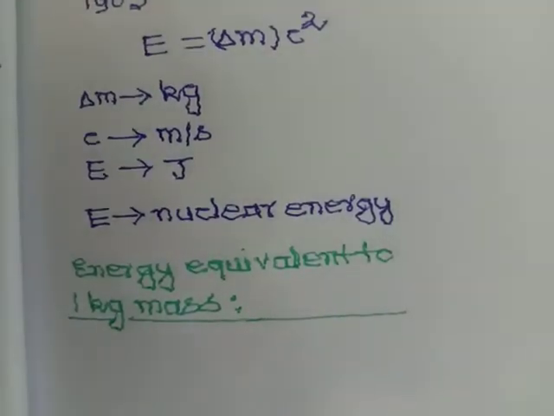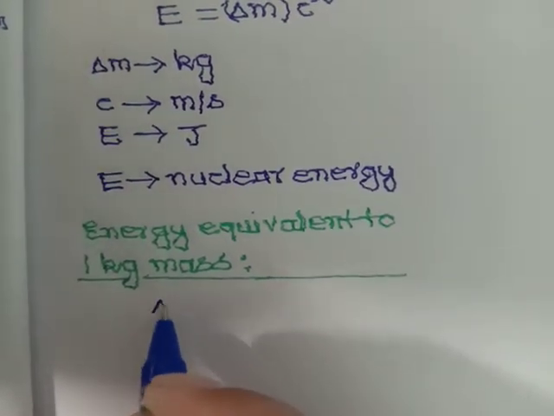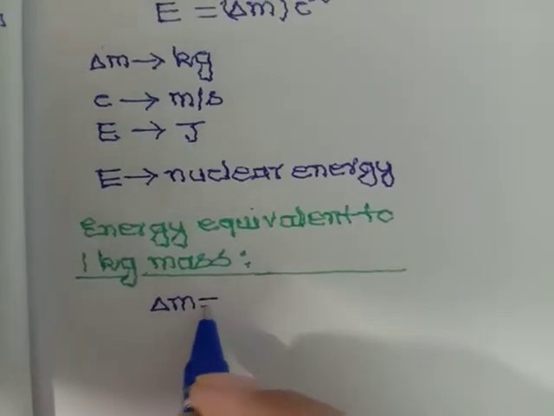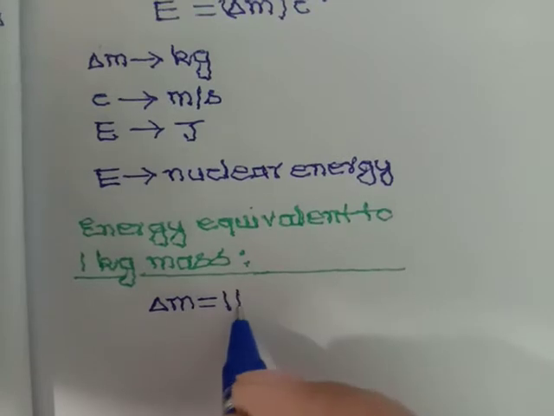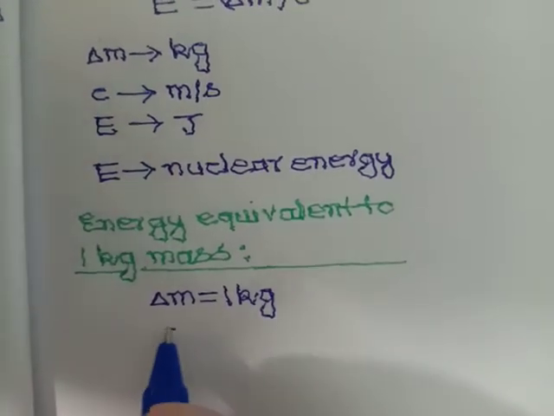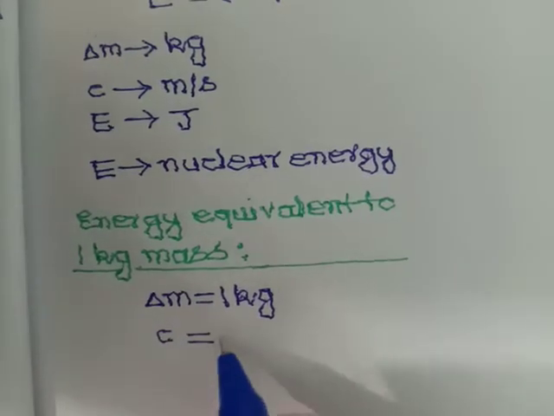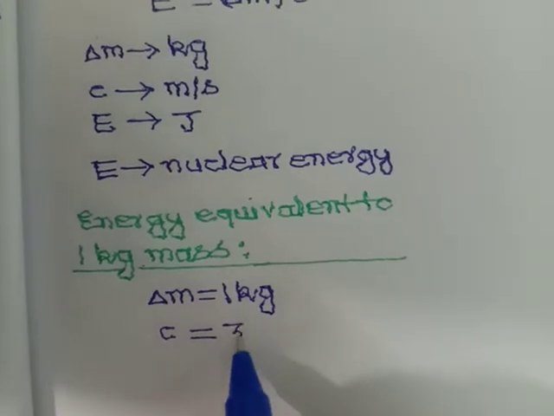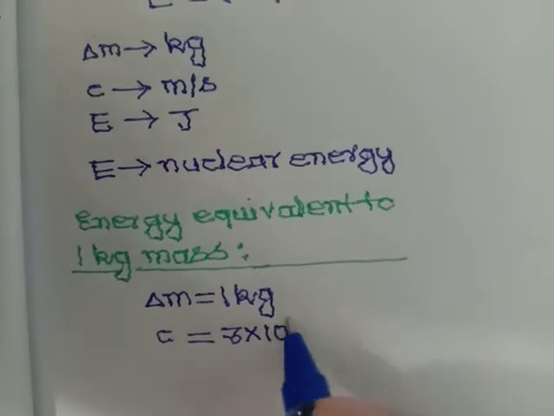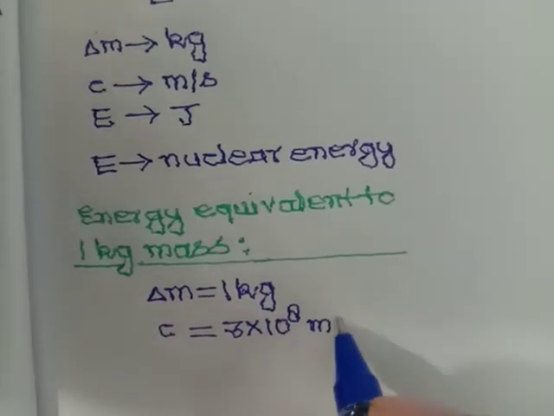Here we will take delta m to be equal to 1 kilogram and c, the speed of light, to be equal to 3 into 10 to the power 8 meters per second.